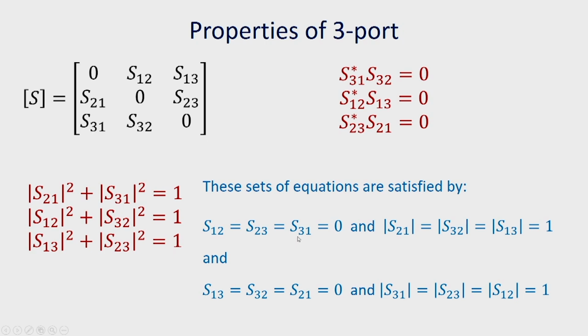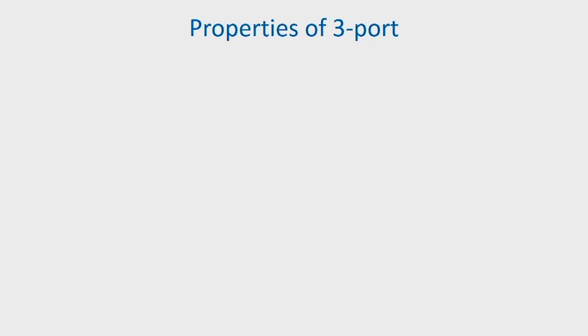Instead of this being 1, either S21 will become 0, S32 will become 0, or S13 will become 0. Then we will find S31, S32, S12 all will have unit magnitude. Now, these two sets of solution give rise to a device which is non-reciprocal and it is called a circulator.